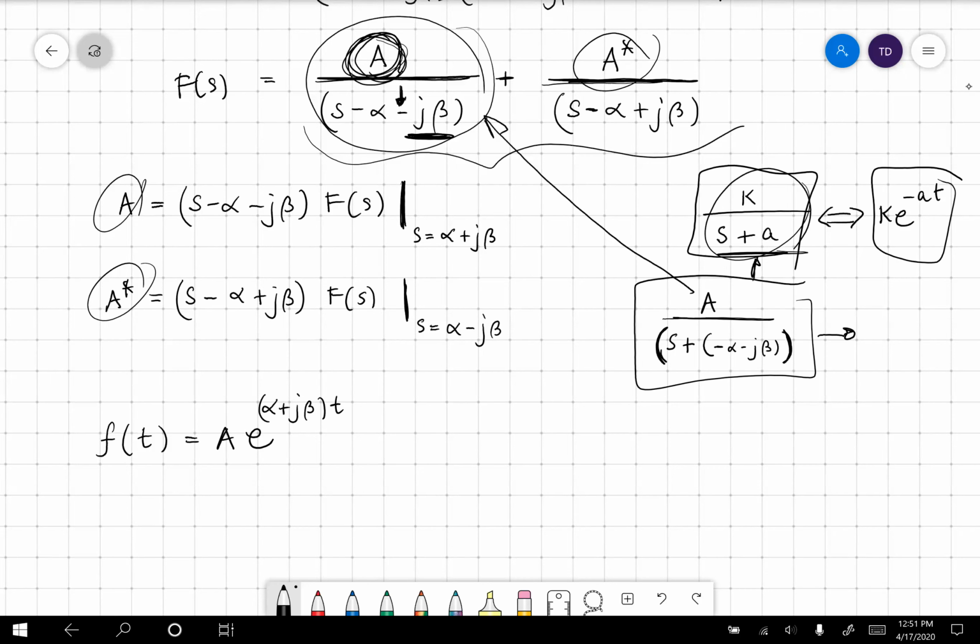Make sure it's the numerator that goes over the term with the negative sign. Because if it doesn't, then we have this positive sign, which gives us a negative in the cosine, and we've got to change some things. So make sure it's the term that goes over the negative with the j part. And those two together have an inverse Laplace transform, which is this form. Twice magnitude of A, e to the alpha t, cosine of beta t. Okay?